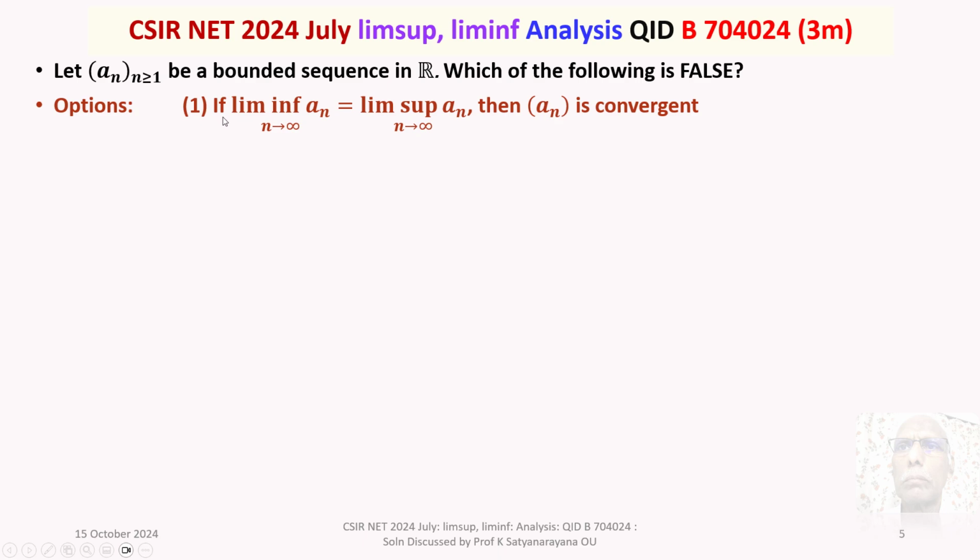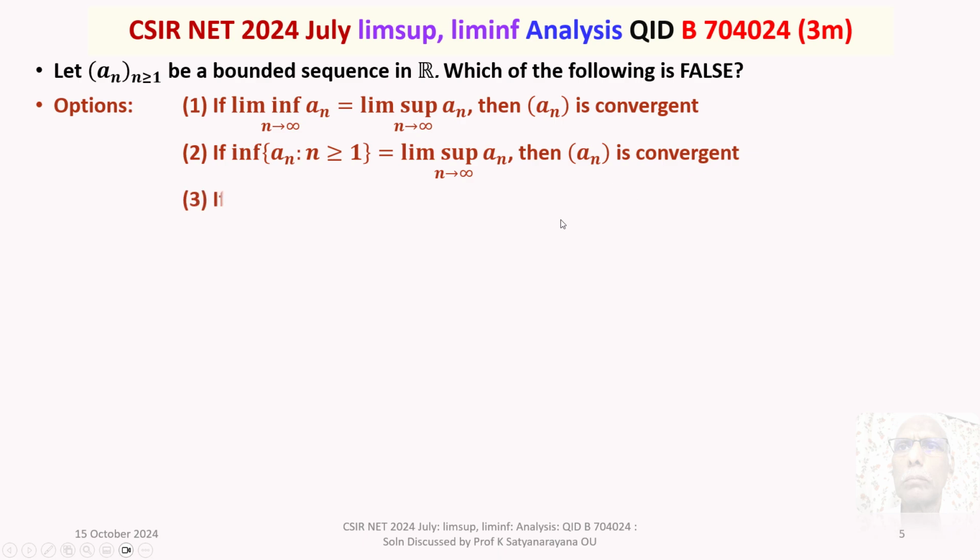Option 1: if limit inferior a_n is equal to limit superior a_n, then the sequence a_n is convergent. Option 2: if infimum of the set {a_n : n greater than or equal to 1} is equal to limit superior of a_n, then the sequence a_n is convergent.